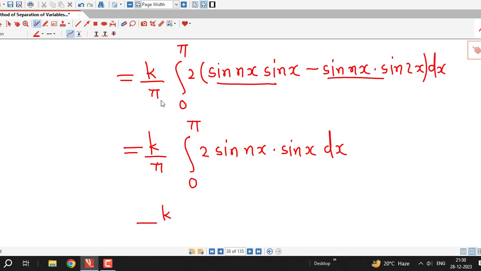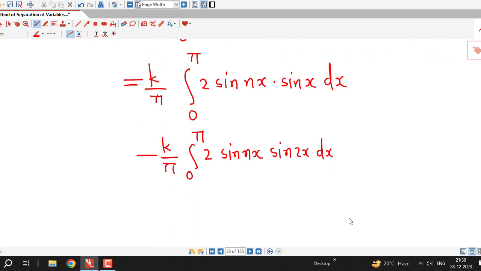I multiply by k by π, this term is multiplied by k by π into 2, same thing for this, and I am taking the negative sign outside the integral, 0 to π, 2 times sin nx times sin 2x integral with respect to x.